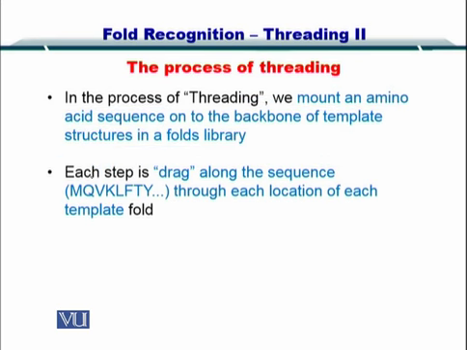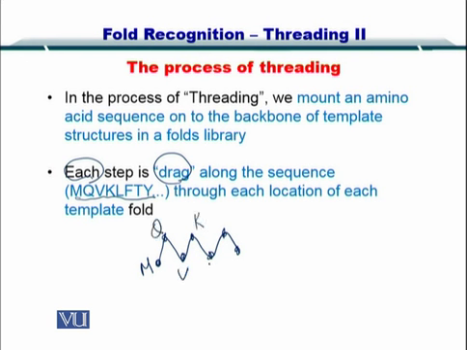Next, on each step, we drag the sequence, for instance, MQVKLFTY. So if this is your fold, then in the first step, we will have M, Q, V, K, L, F, T, and Y. In the second step, M will move to the position of Q, Q will move to the position of V, V will move to the position of K, and so on.